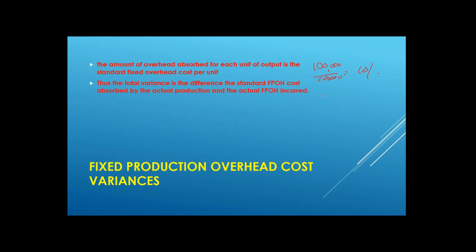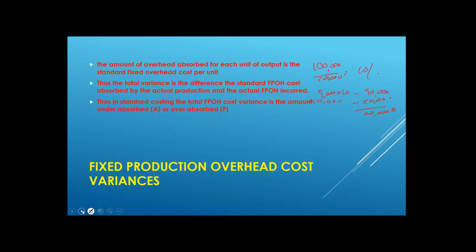We have produced 9,000, so 9,000 into 10, 90,000 we have absorbed, and the actual overhead is 110,000. So the total variance is 90 minus 110, a 20,000 adverse variance.